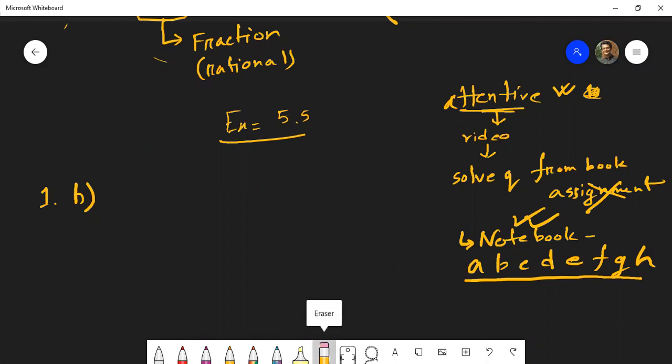Okay, so as I picked H, I will just do H. Number 1, it says simplify the following expressions.